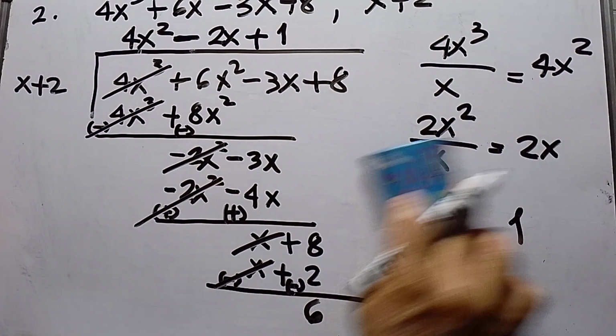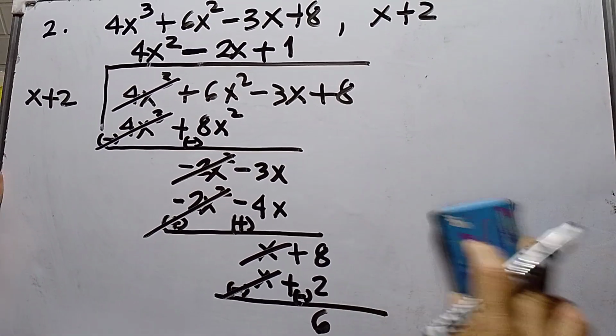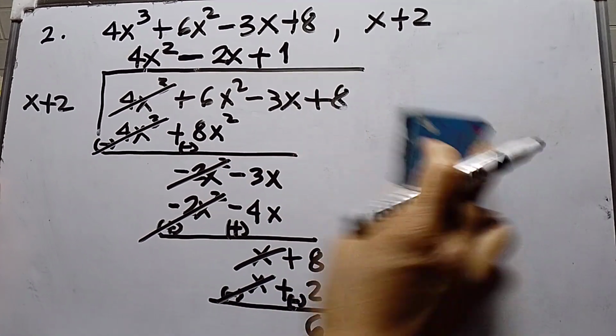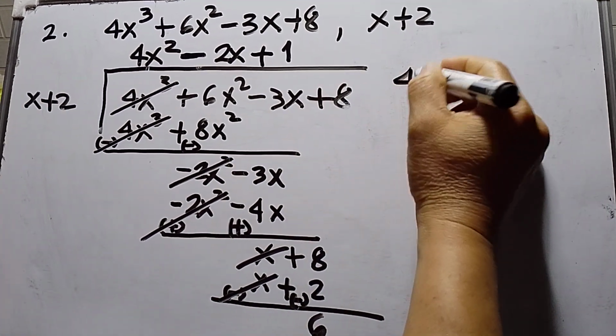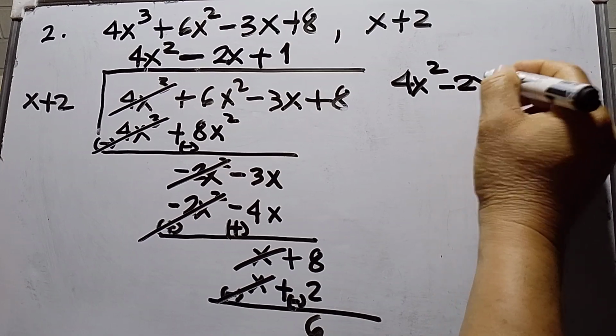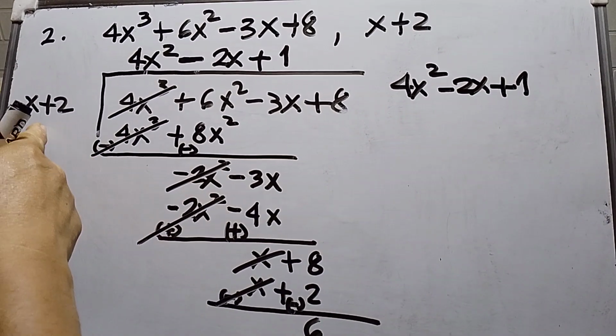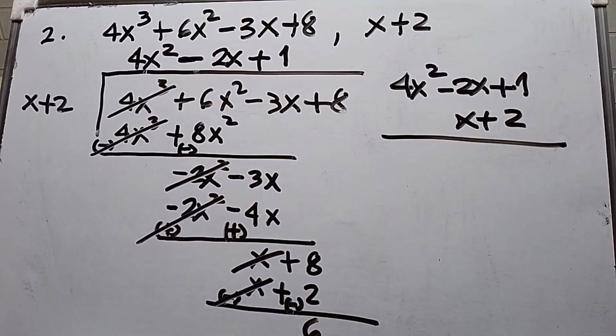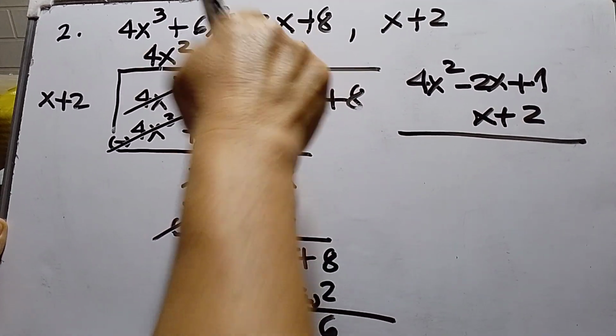Now let us check if this is correct. 4x squared minus 2x plus 1 multiplied by the divisor, x plus 2. Hopefully we come up with this dividend.